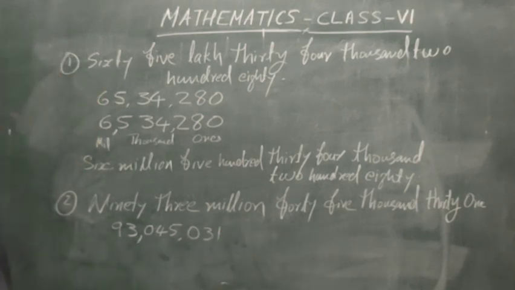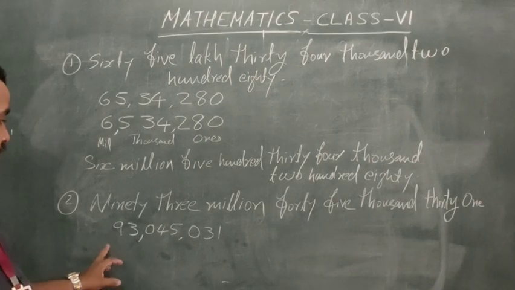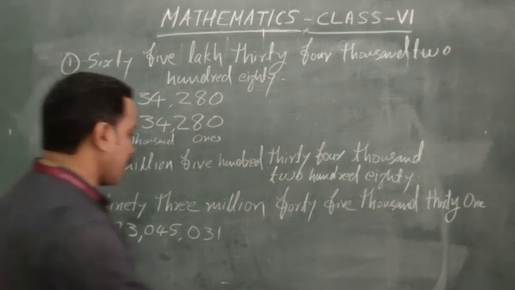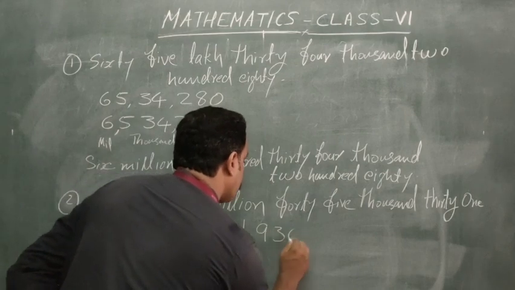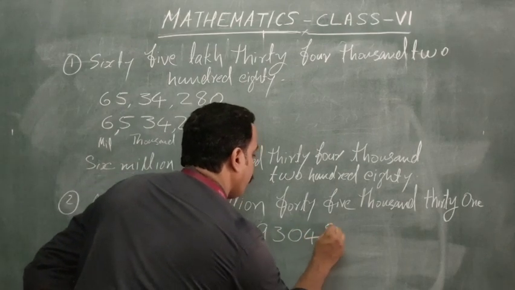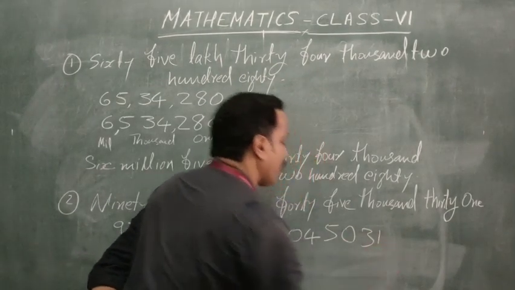So this is 93 million 45,031. Now to convert this into the Indian place value system, rewrite this number again using commas. So 93045031.